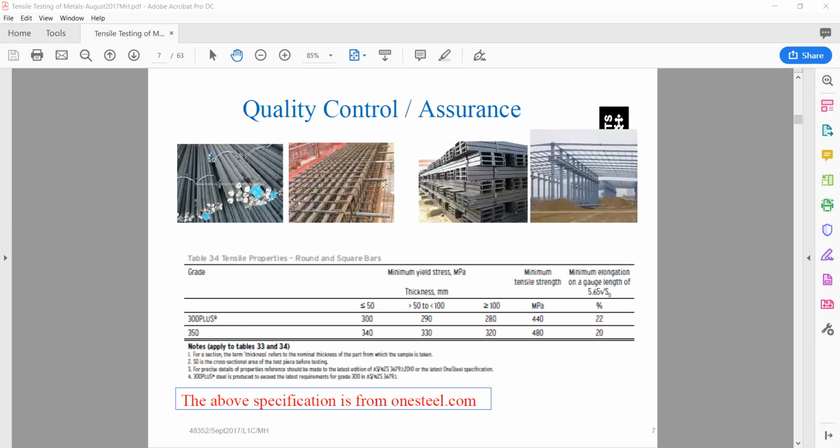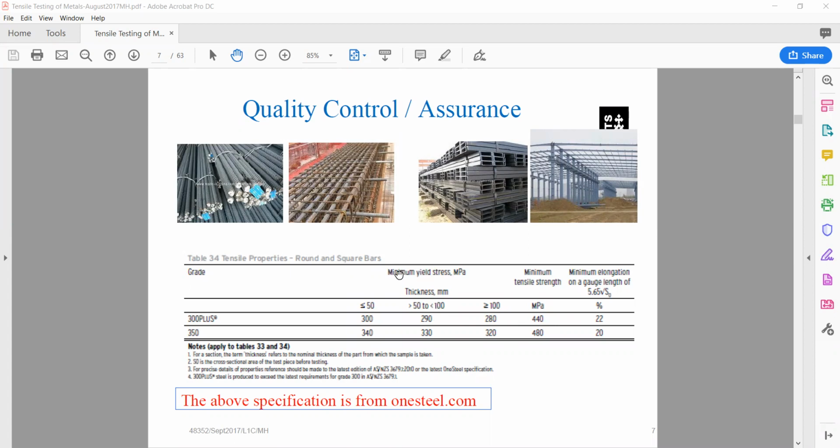For instance, some of the tests that are conducted are for quality assurance or quality control. If you see this one, it is a specification from, I think, BlueScope. When you buy reinforcement bars, they give this specification.